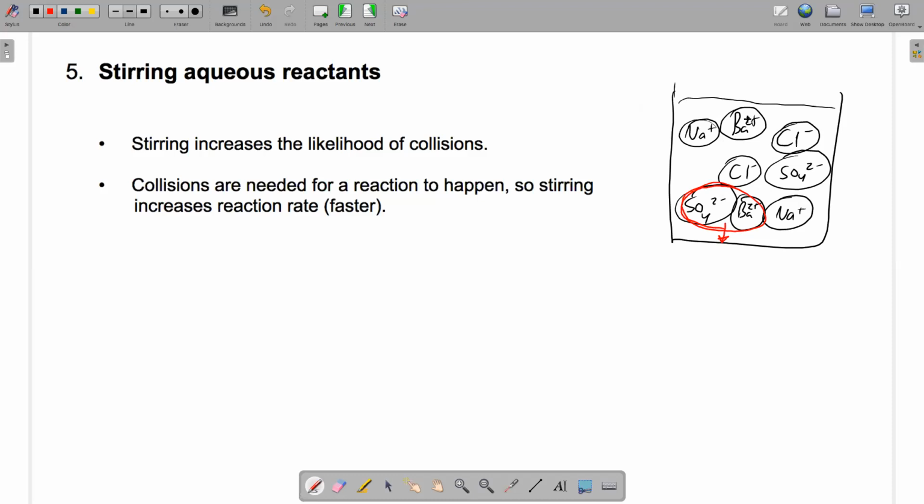But then up here, there's another barium and a sulfate, but they're separated. They're not physically in contact with each other. And I'm not saying that in a reaction, there's only going to be 2 bariums or 2 sulfates, but if these reactants are held apart from each other, there's no way for them to react. So simply stirring the solution, putting a stir rod in and stirring the thing up allows for the materials to come in contact with each other.